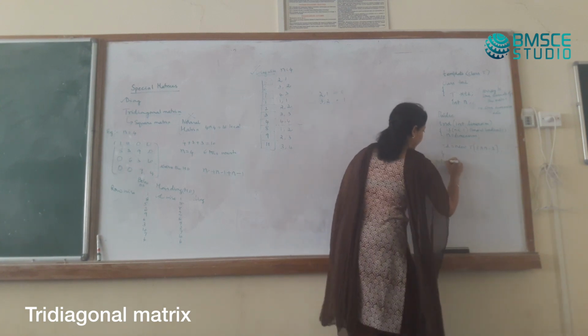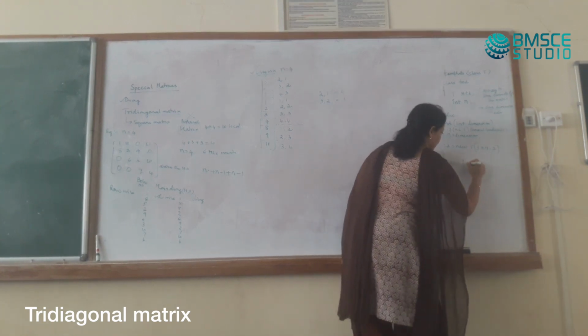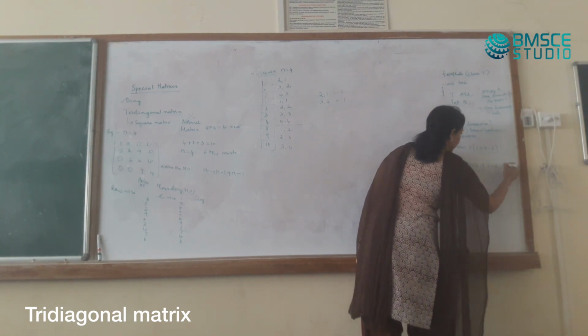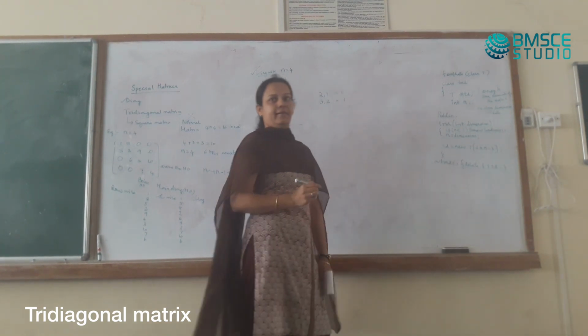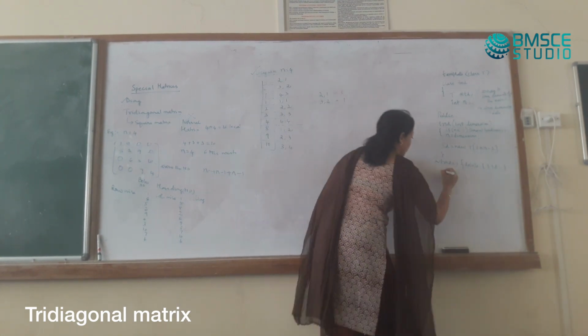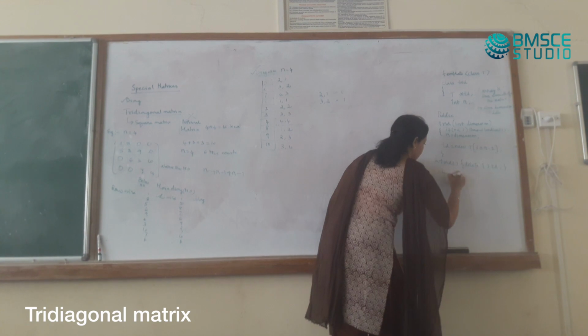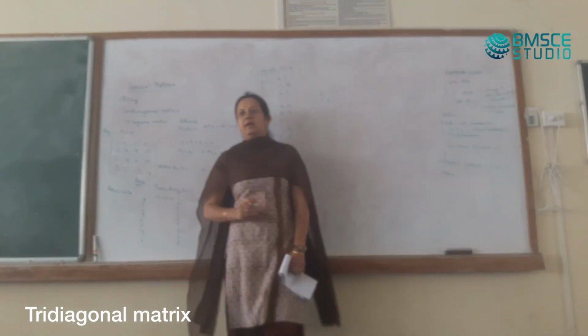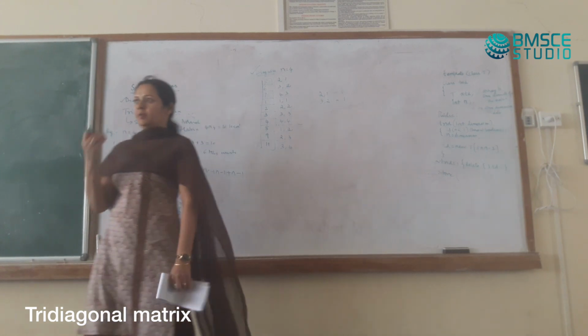So the destructor, tilde Tridiagonal, would delete the array TD. Then store is the function. It will have a return type. To store the data, the call will come from the user.